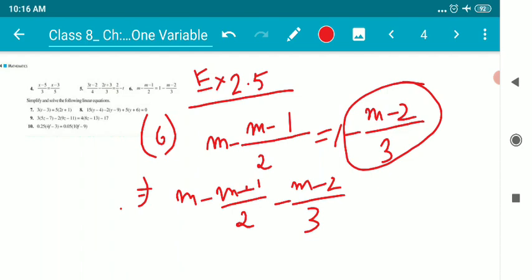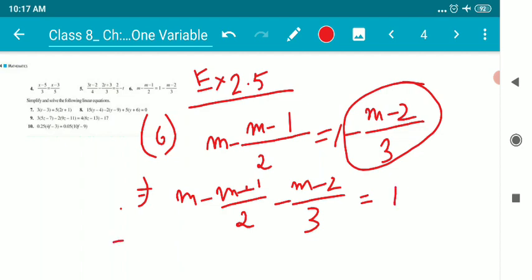Thing is that whenever we deal with equations, we should always collect all the like terms having variables in one side, all together in one side. So I'm just collecting all the m related variables in the left hand side, and that is why I have transposed this m minus 2 by 3 from right hand side to the left hand side. And here what is left over? The leftover number is 1.